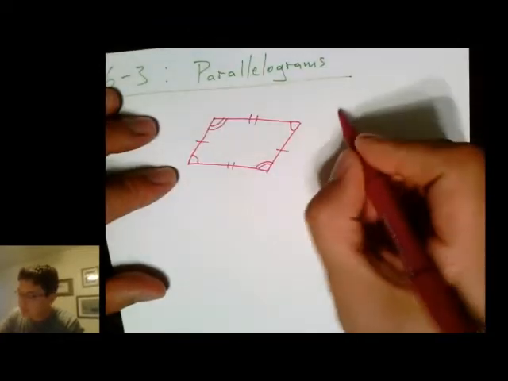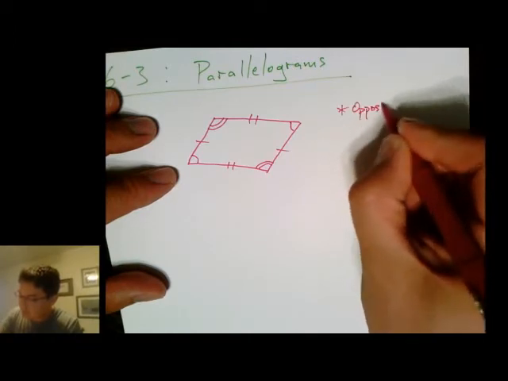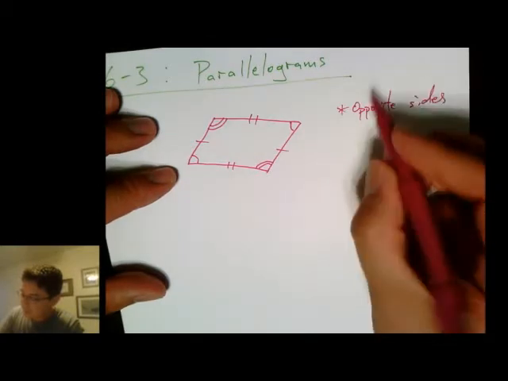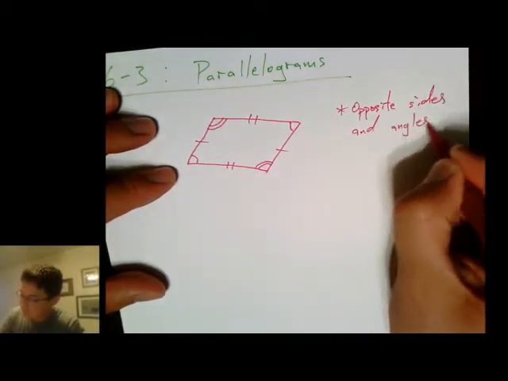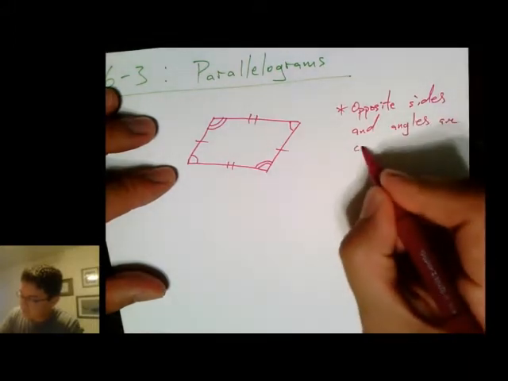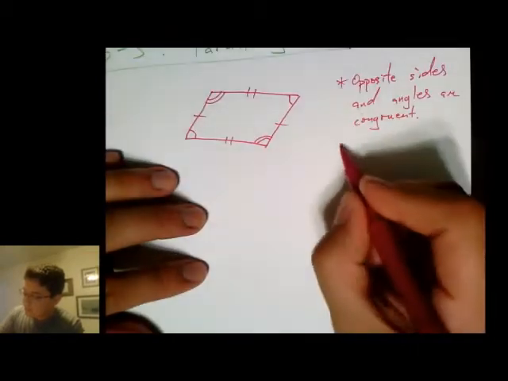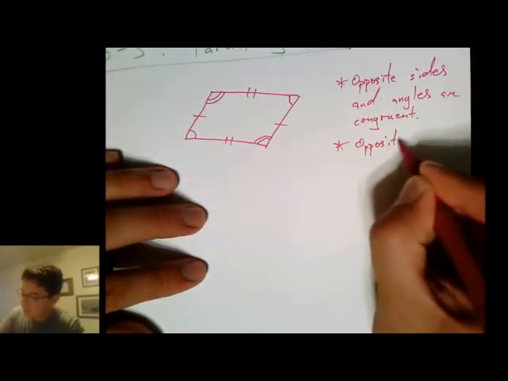Let me write a few things down here. Opposite sides and angles are congruent. And also, opposite sides are parallel.